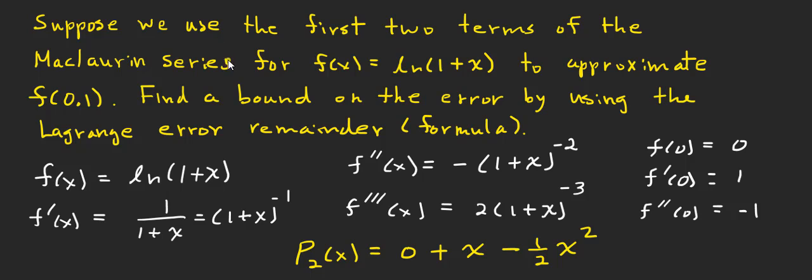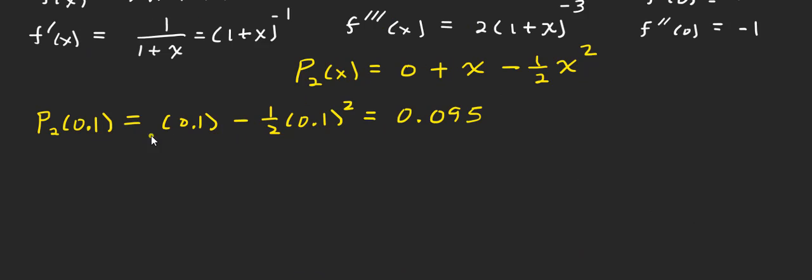And since they wanted to use the first two terms, and the first term came out to be 0, I need to go up to a second degree, which means n equals 2. So I get this as my second degree Taylor polynomial. So our approximation is going to be 0.095.